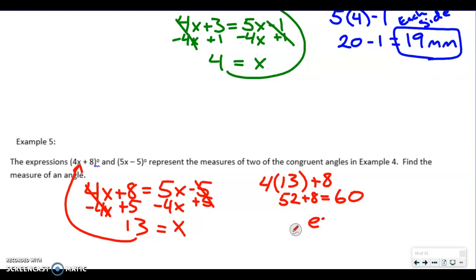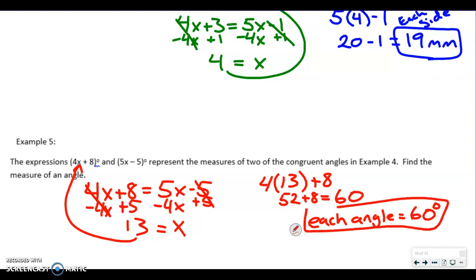So each angle equals 60 degrees. And that is true of every single regular hexagon. A regular hexagon, the interior angles will always be 60 degrees.